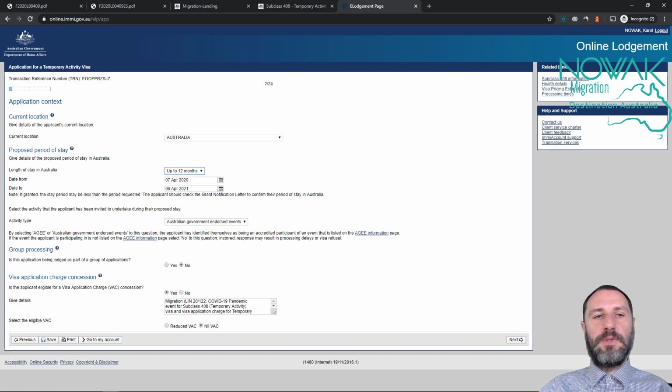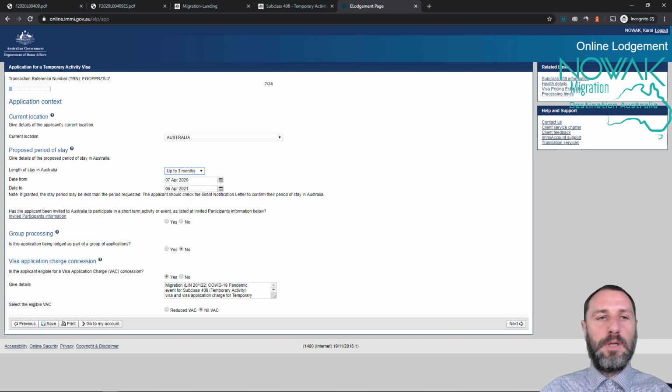You might need to provide some letter from your employer about what they are expecting, but nobody knows. You can choose 12 months, and if you get it for 3 months because the case officer decides that 3 months is enough, that's fine. But if you go with 12 months, you will have to provide much stronger evidence than if you go ahead with 3 months.